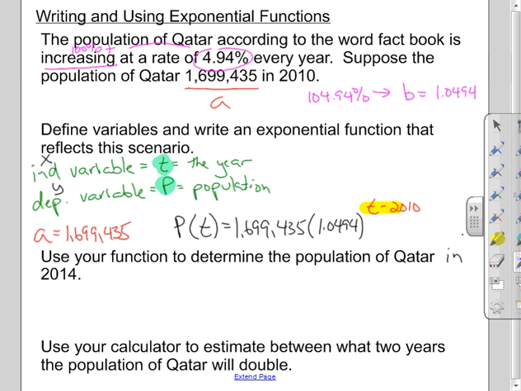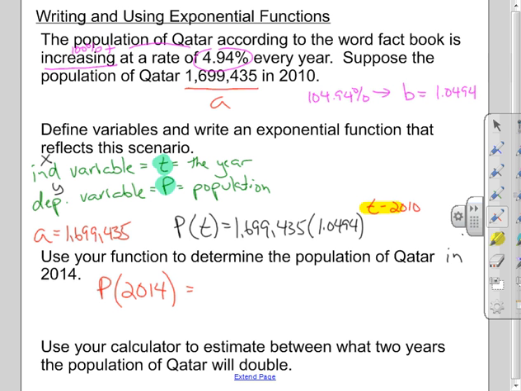So that takes us to the next step where it says, use your function to determine the population of Qatar in 2014. Well, function notation here would mandate that I say it's P, the population, at 2014.